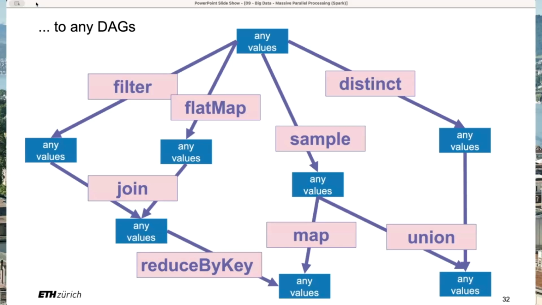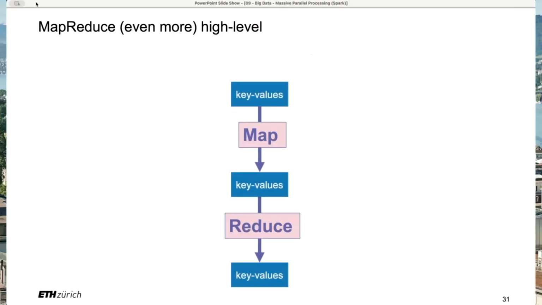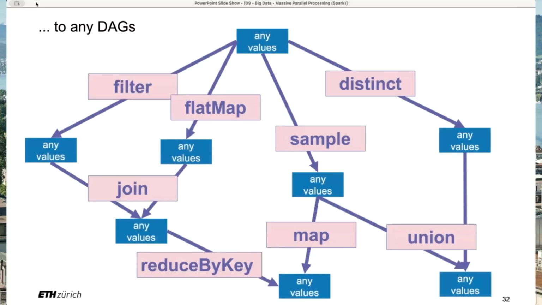I never remember what the abbreviation stands for. Directed acyclic graph, yes. So this is a DAG. This is a DAG, and this is not a DAG. Well, it is also a DAG, but this is more generic than this very specific structure. So that's a DAG. That's the first difference. So Spark turns the whole thing into any DAG, any directed acyclic graph.